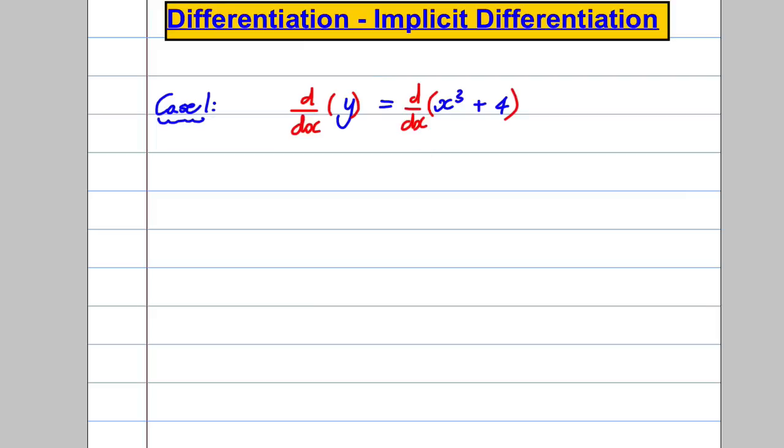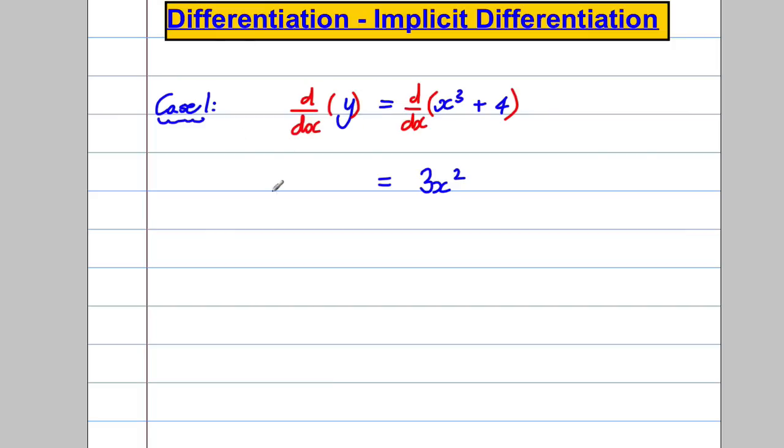Now, we've never really talked about this before. There was no real need to, but it allows me to develop the ideas further. This is easy. Everything's in terms of x. If I differentiate with respect to x, I would simply get 3x squared. Now, can I differentiate y with respect to x when y is a different variable?